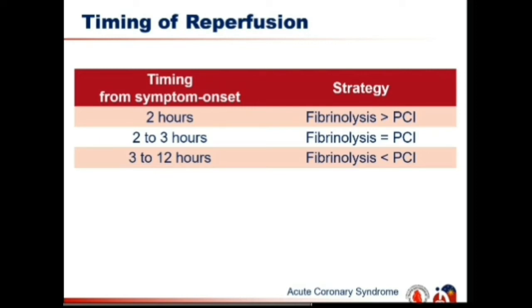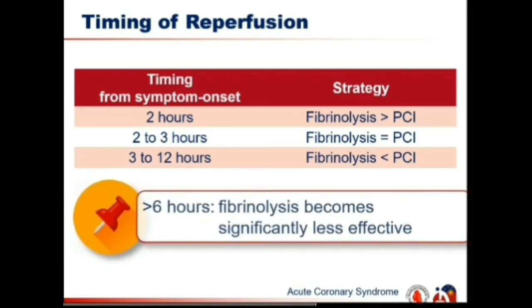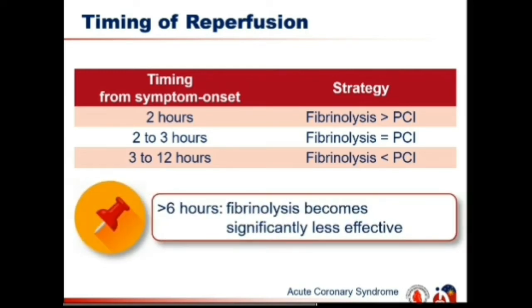However, if a patient presents more than 3 hours from symptom onset, PCI is favored over fibrinolysis. Note that after 6 hours, fibrinolysis becomes less effective because thrombi in the coronary arteries have become more organized and becomes more difficult to lyse as time goes by.